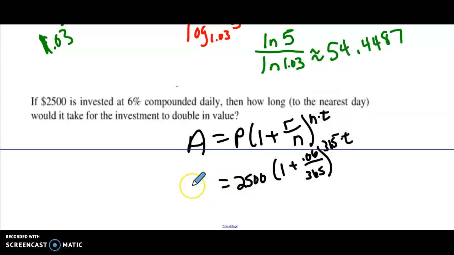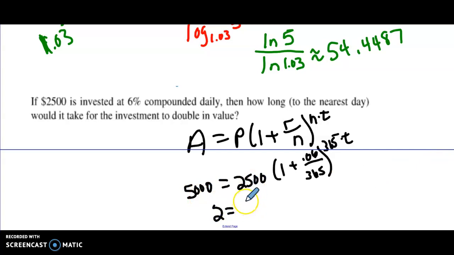But it's going to double, so this is going to end up being 5,000 is what we're saying. We want to know, when's our 2,500 originally going to turn into 5,000? It was at 6% compounded daily. 1 plus r over n. r is 6%. n is the number of times per year it's compounded, every day. And to the n times t power. Okay, so I'm going to divide by 2,500.